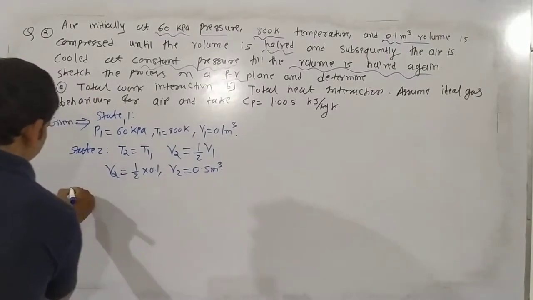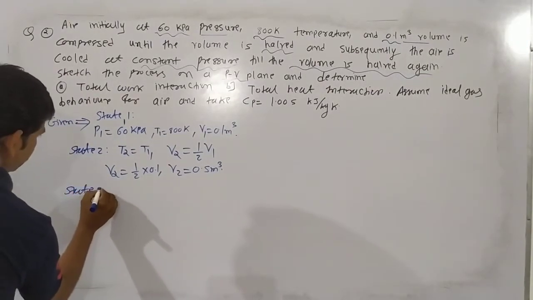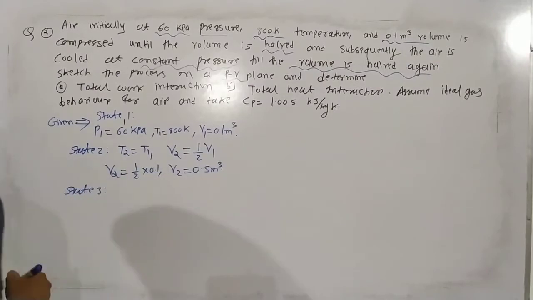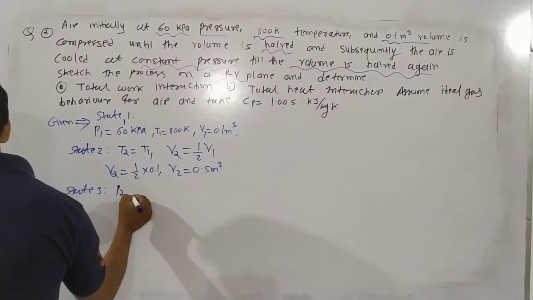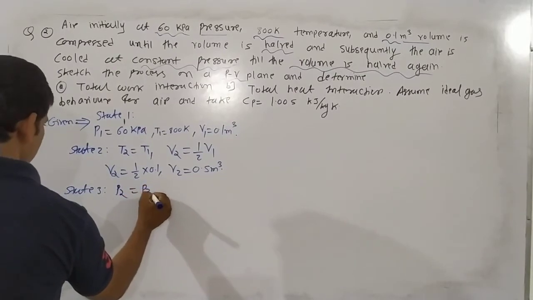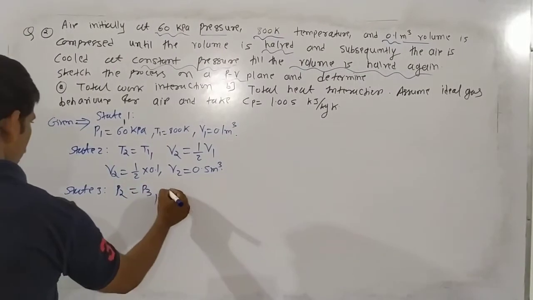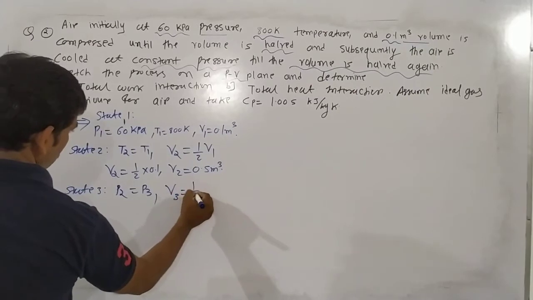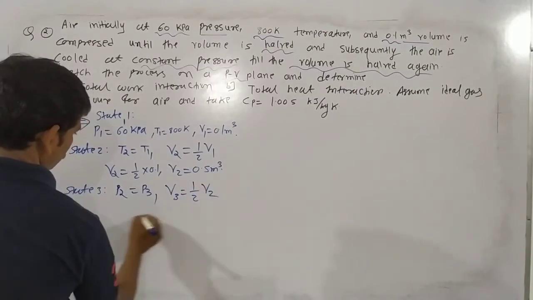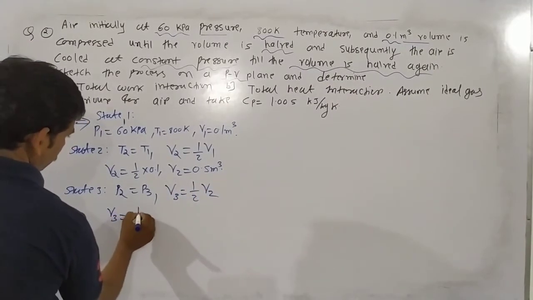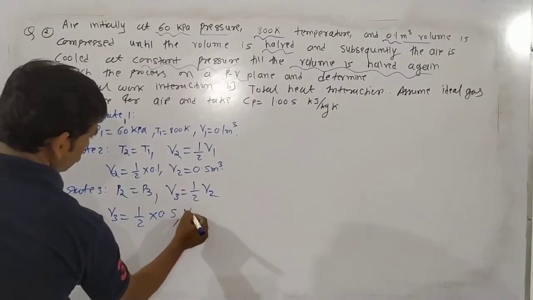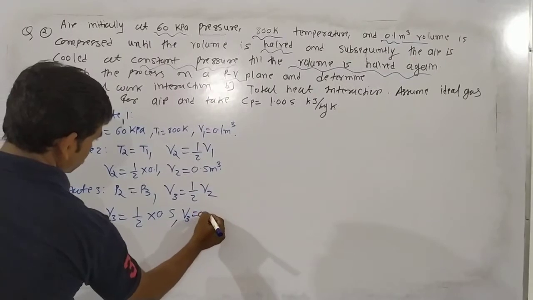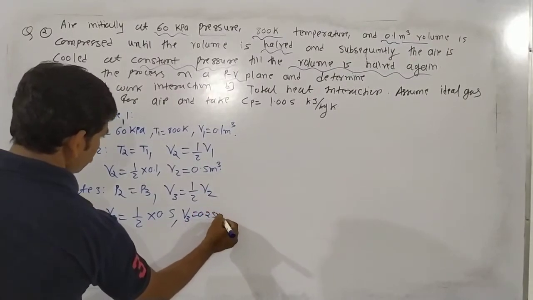Then state 3. The condition in state 3 is a constant pressure process, so P2 is equal to P3, and here the volume is also halved. V3 is equal to 1 by 2 V2. Put V2 as 0.05, so V3 is 0.025 meter cube.